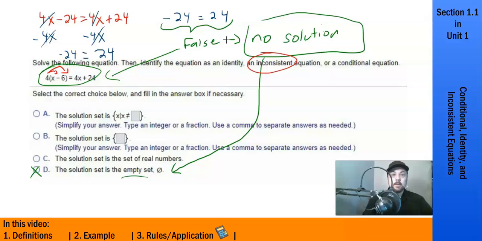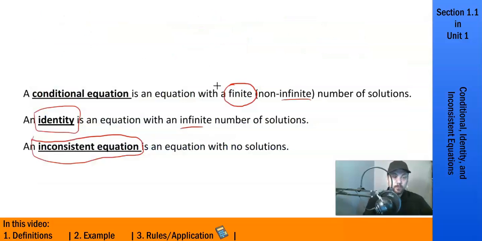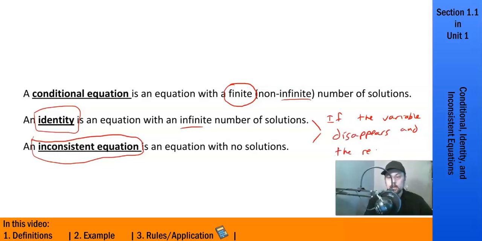All right, so going back to this, it's an identity if, well, let me kind of put it like this. If the variable in your equation disappears and the result is, let me scroll down here.